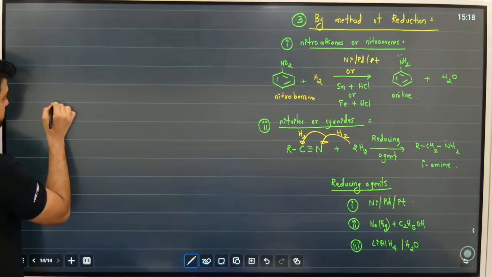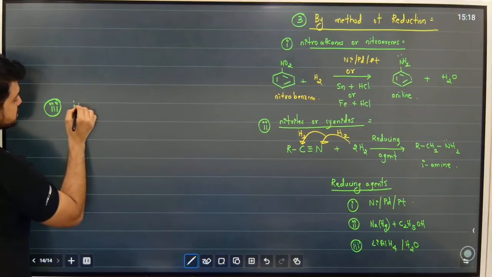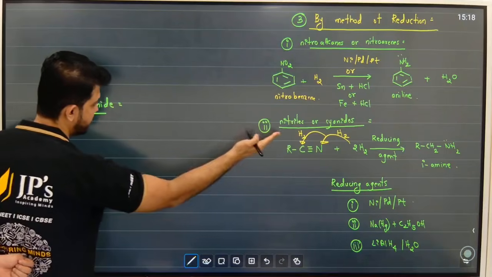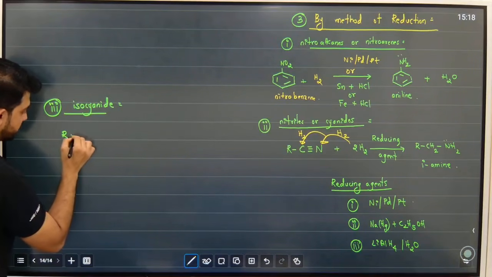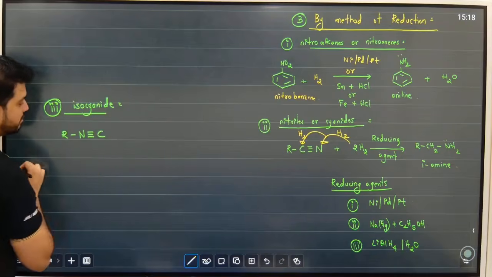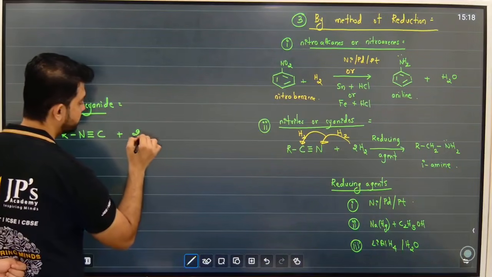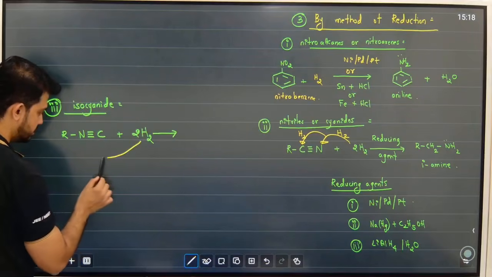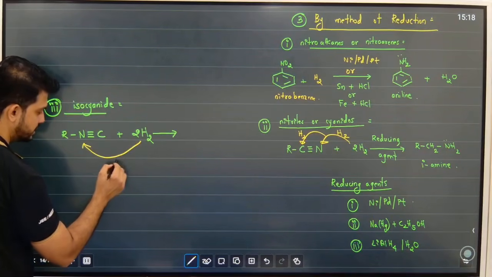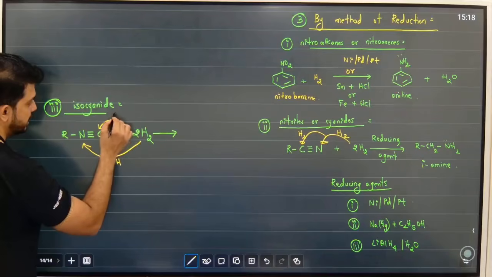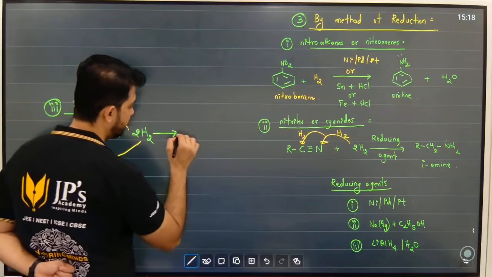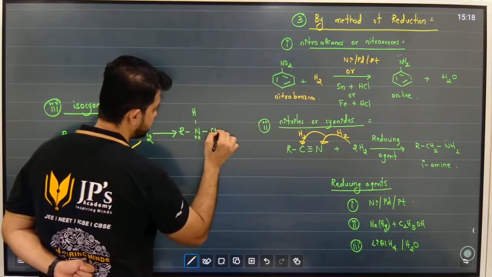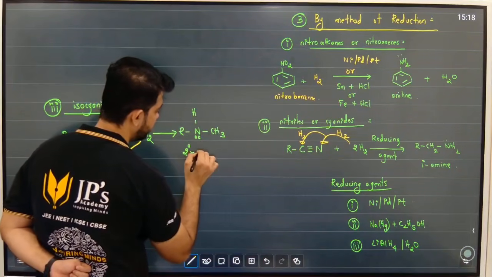If I use isocyanide, students, cyanides and isocyanides are functional group isomers of each other. Now, if I have isocyanide and I perform the reduction of isocyanide, very important, students, we will do this with the simplified mechanism too. Put one H here, 3H here, you get R NHCH3, we get secondary amine.